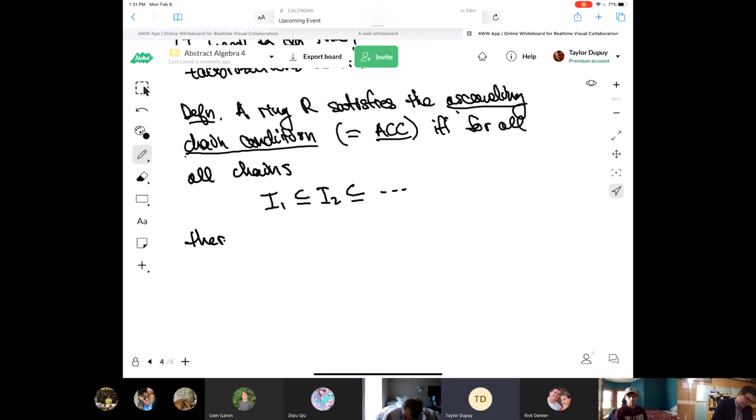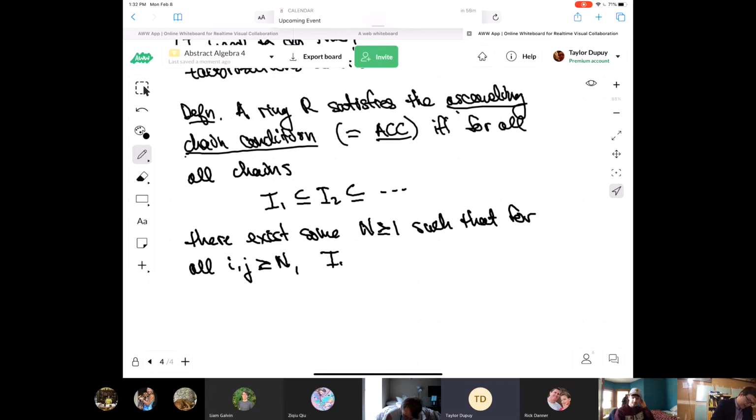So there exists some natural number n, bigger than or equal to 1, such that for all i and j bigger than or equal to n, we have Ii is equal to Ij. So this thing maxes out.